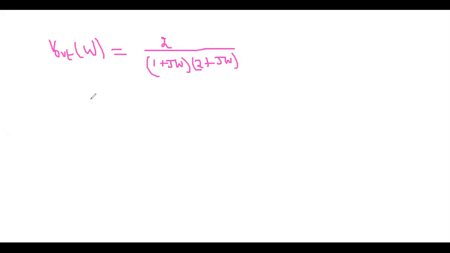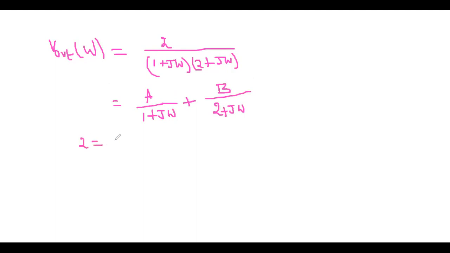We need to find the v out of t. So apply the inverse Fourier transformation on both sides. Before that, first of all, use the partial fraction method: a by 1 plus j omega plus b by 2 plus j omega. Find the a and b values.